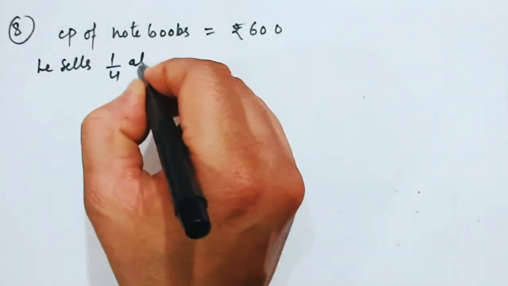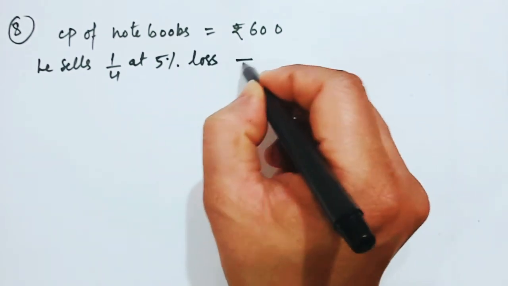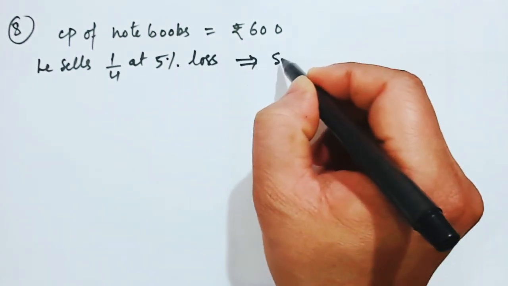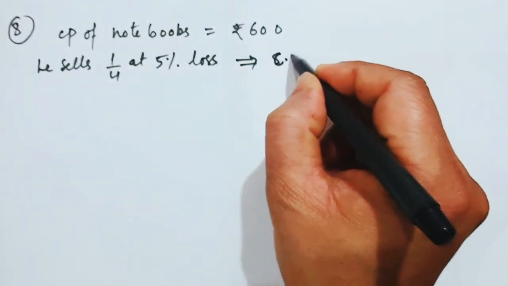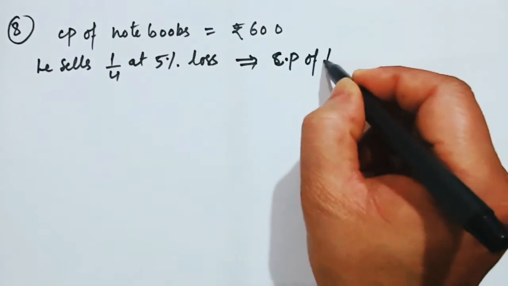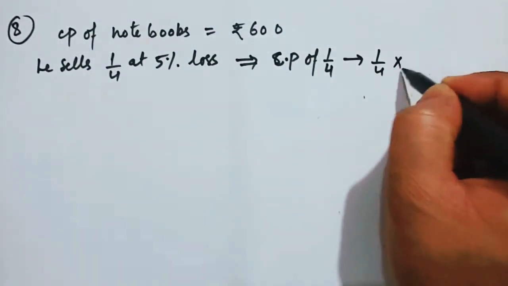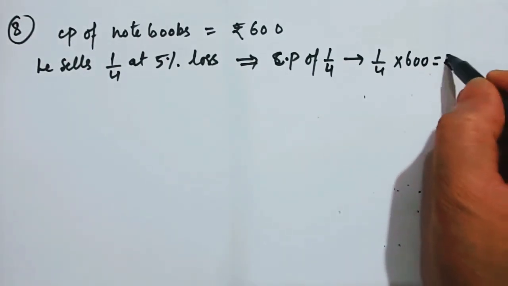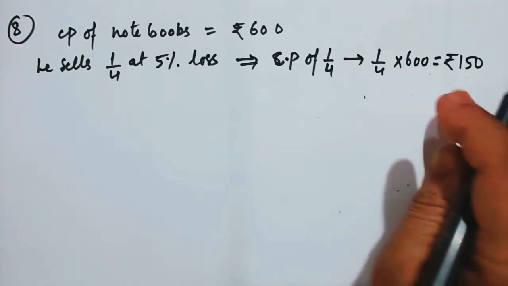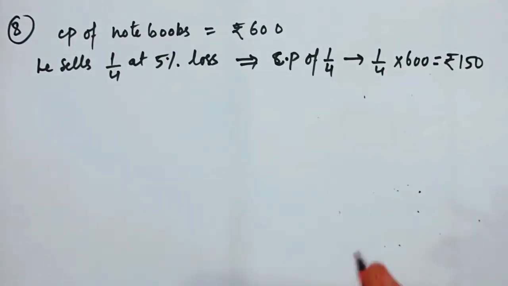1/4 at 5% loss. This means the cost price of 1/4 will be 1/4 into 600, which is equal to rupees 150. This is the cost price of 1/4, because he is selling 1/4 at a loss of 5%.